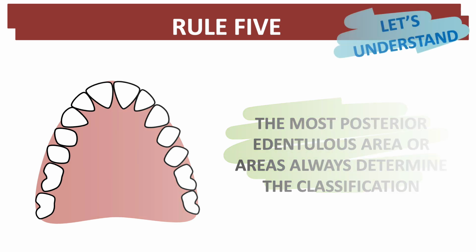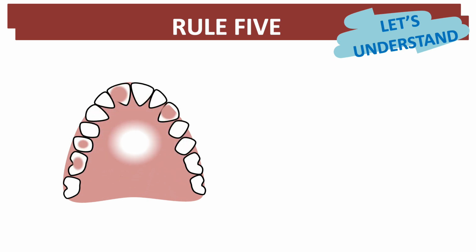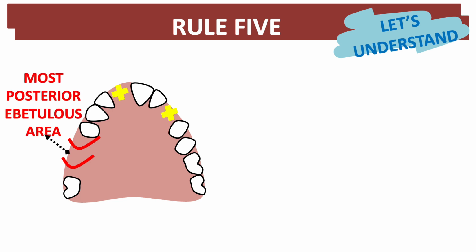Try to understand. Look at the figure. We have some dentition missing in the anterior and some in the posterior region. We have a posterior most edentulous area as marked with the red tick, and the yellow cross ones are the anterior edentulous areas, as you can very well see in the figure.